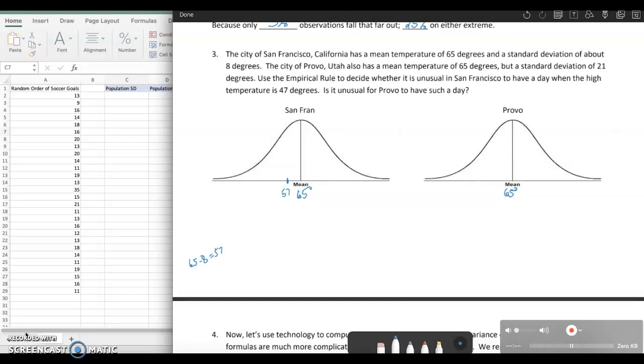That's 1 standard deviation below. So where's that 2 standard deviations below mark? If I do 57 and then back up 8 again, I land at 49. So 47 is right here. That is past the 2 standard deviations from the mean. So yes, this would be unusual.